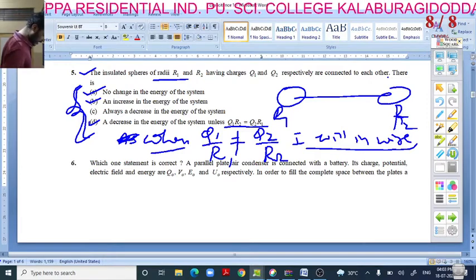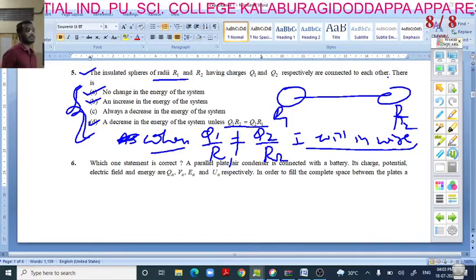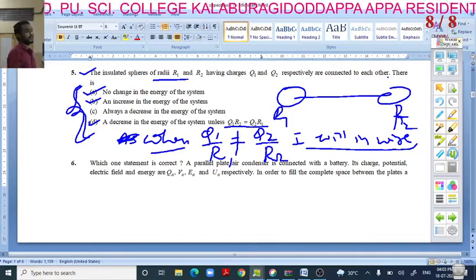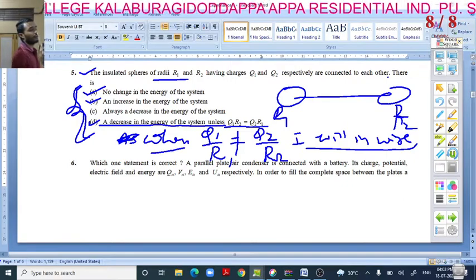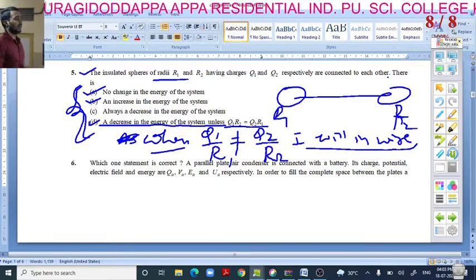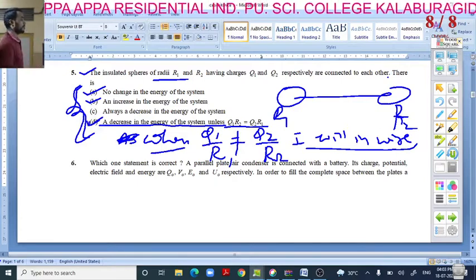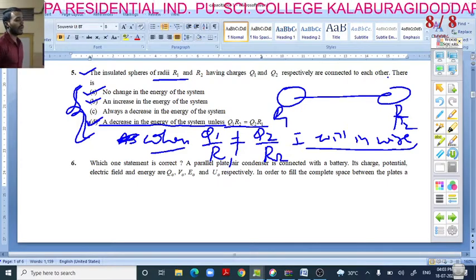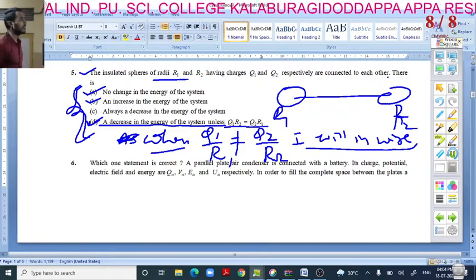So that energy decreases in the form of heat through the connecting wires. So here I can choose the fourth option. When Q1 by R1 is not equal to Q2 by R2, it is possible, it is right.